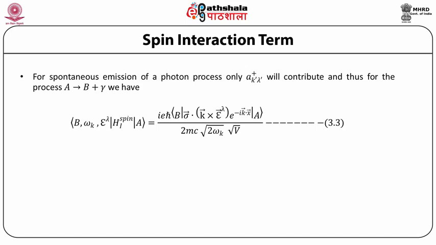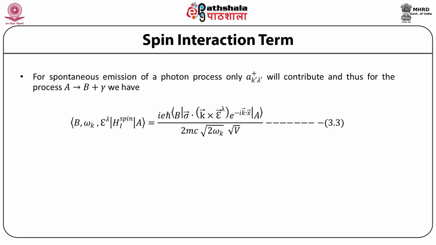And thus for the process A going to B plus gamma, or B plus photon, we have the matrix element of H_I spin between B, omega k epsilon lambda vector in the final state and A in the initial state.